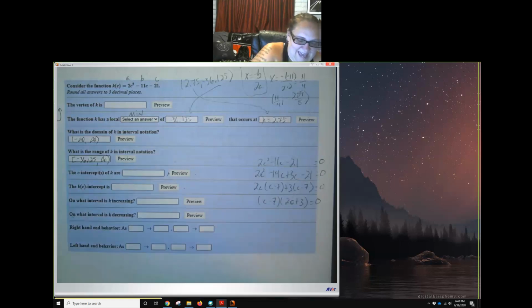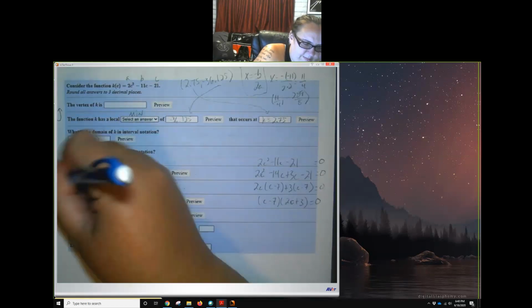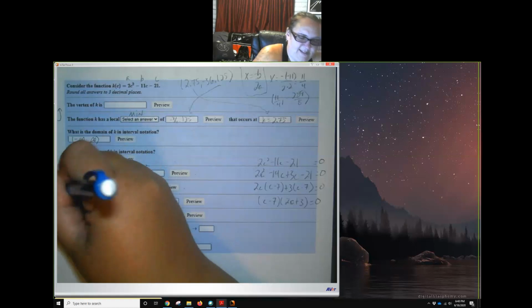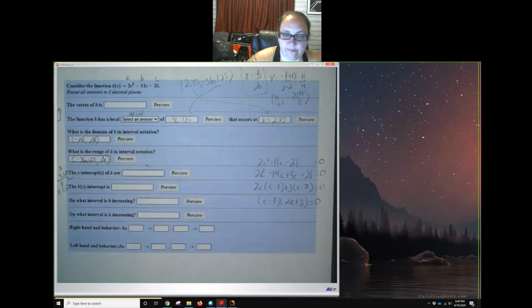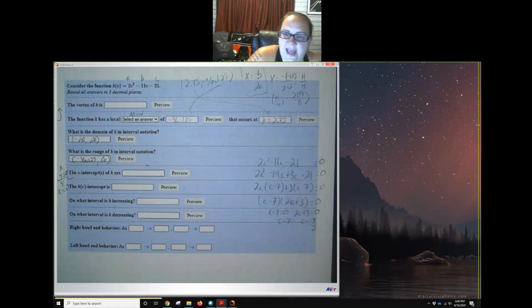Because remember, the x-intercepts are when y equals 0, and the y-intercepts are when x equals 0. So then this would be c minus 7 equals 0, or 2c plus 3 equals 0. c equals 7, or c equals negative 3/2.